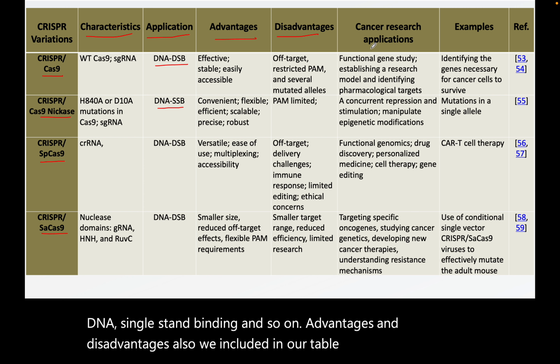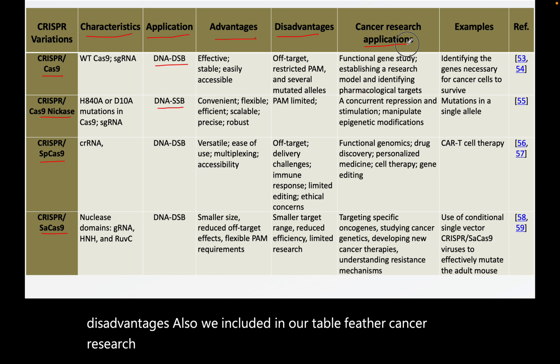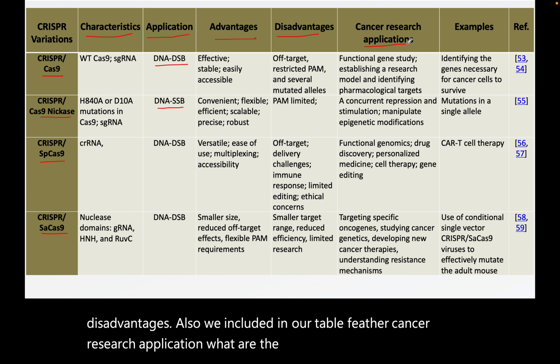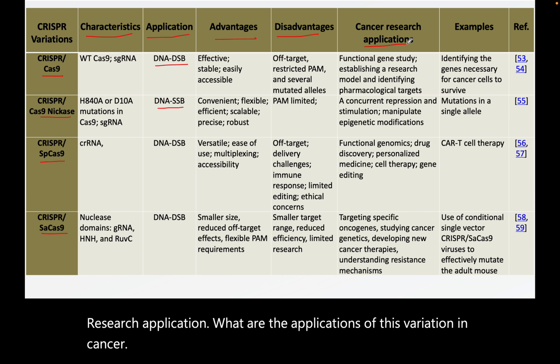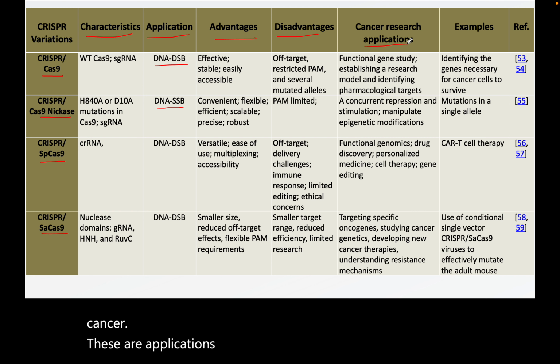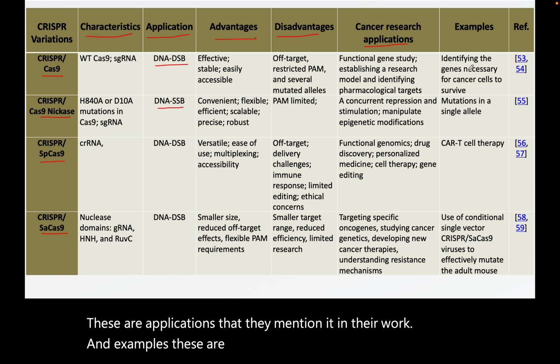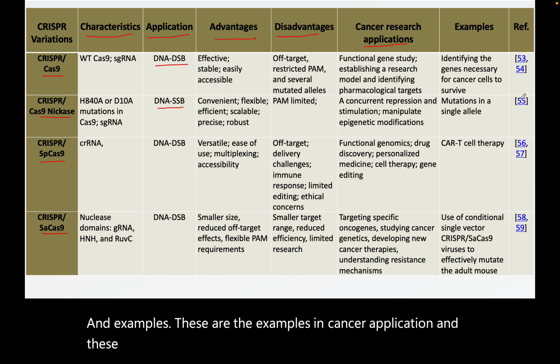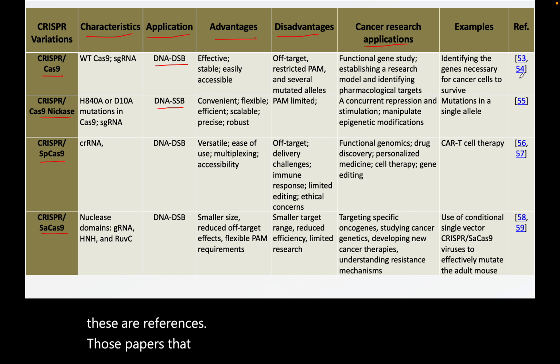Further, cancer research application. What are the applications of this variation in cancer? These are applications that they mention in their work, and examples. These are the examples in cancer application, and these are references, those papers that did this work.